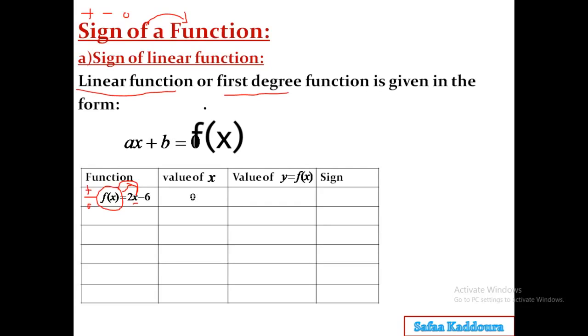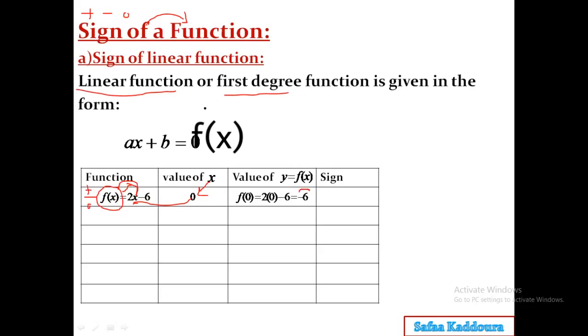Let's start. If x equals 0, what is the value of f of x? We will substitute 0 in the function. It will become f of 0 equals 2 times 0 minus 6.